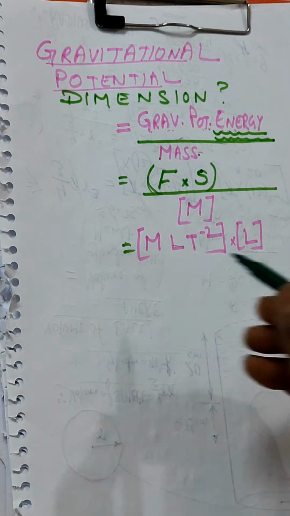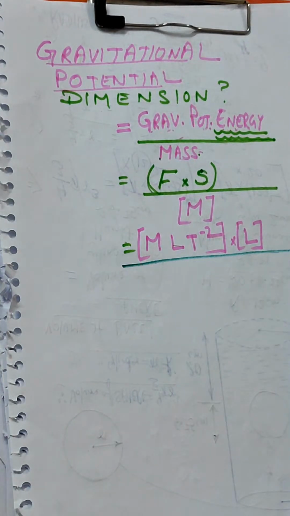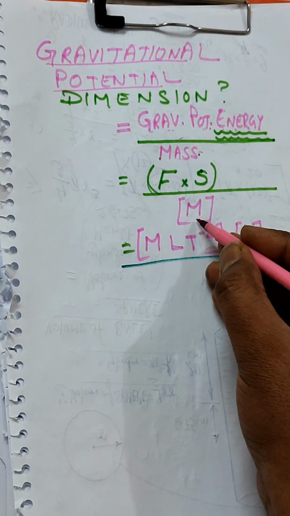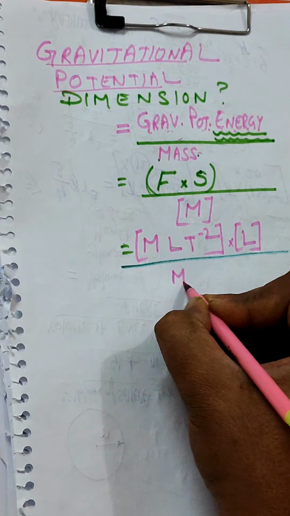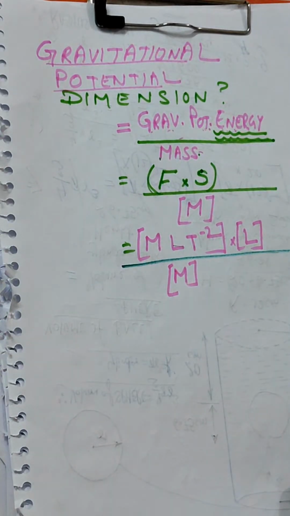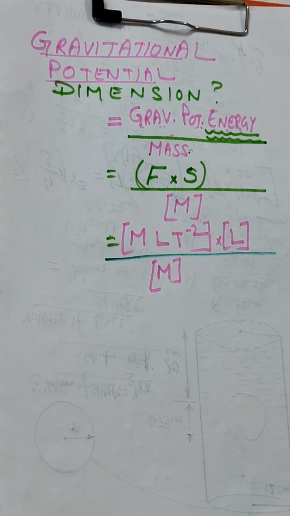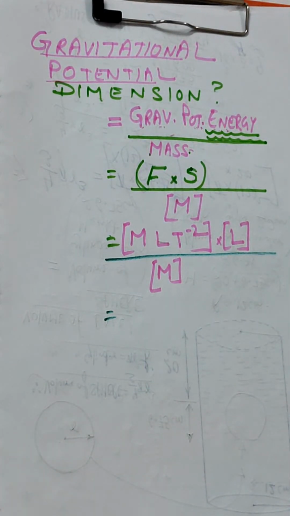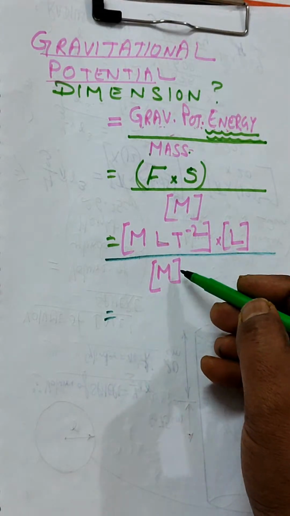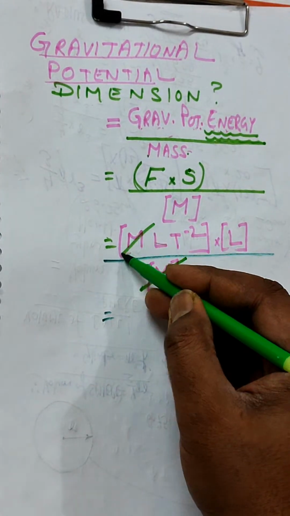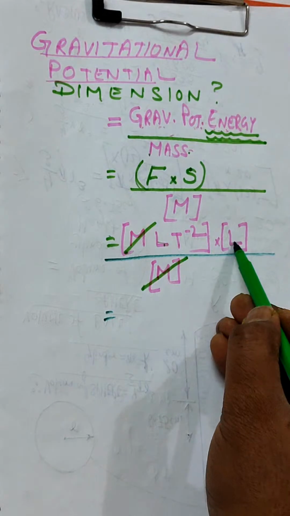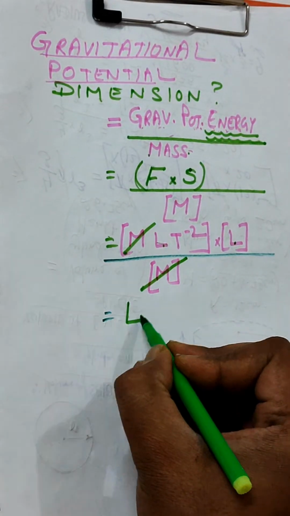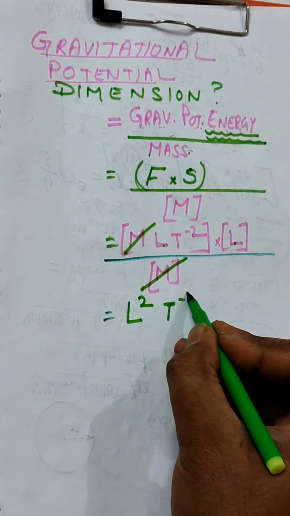Divided by this mass M. You can see here M in the numerator and M in the denominator will be cancelled out, and L and L will be multiplied, so this will give you L²T⁻².